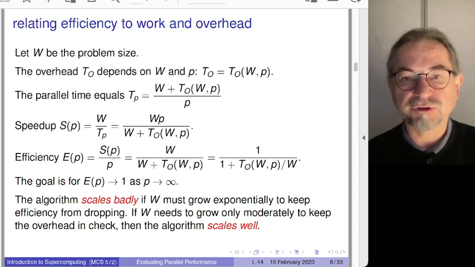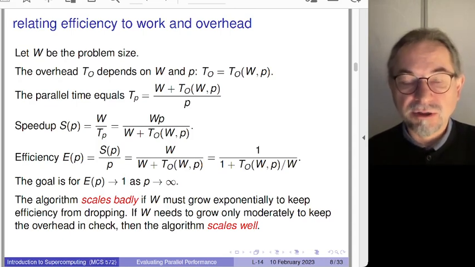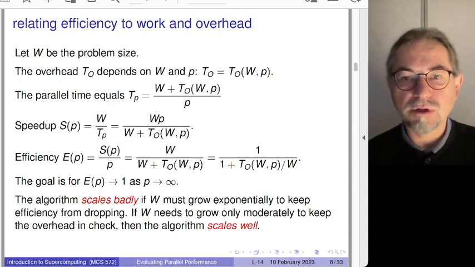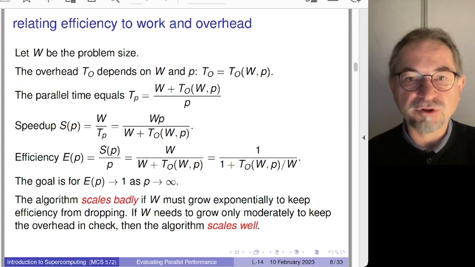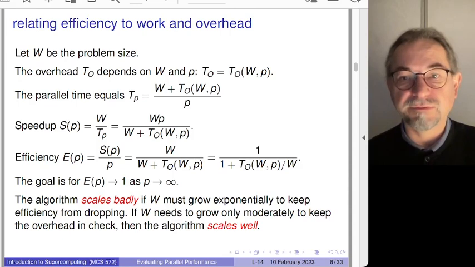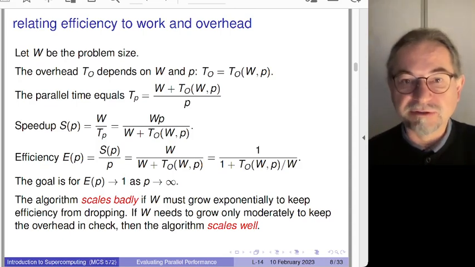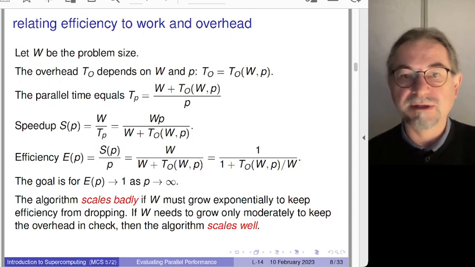So there is some function now. T subscript big O is the time function for the overhead. So we can define the parallel time now related to the work size. The work size over P is actually the time it would take, assuming a very good speedup, by P processors.